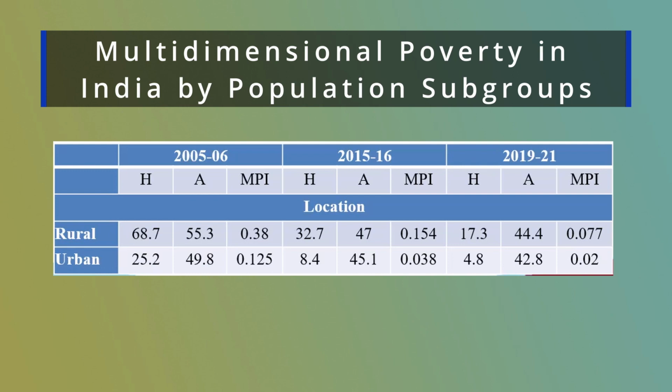Side by side, it is also true that the gap between rural and urban areas has narrowed down over time in respect of H and MPI, and that indicates that there is convergence in the estimated values of the multidimensional measurement of poverty.